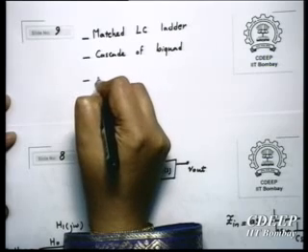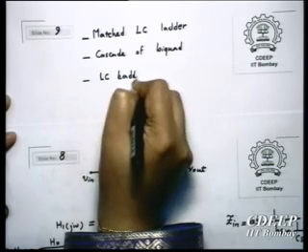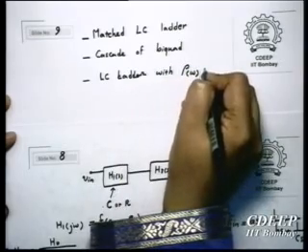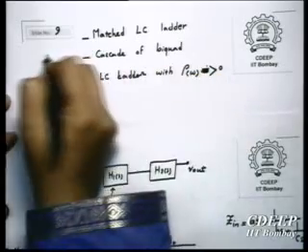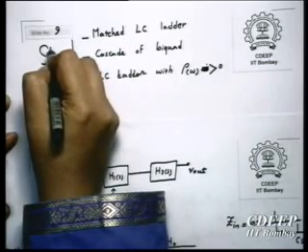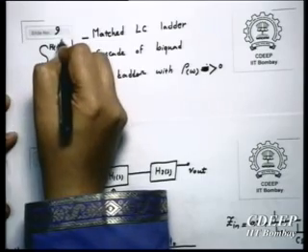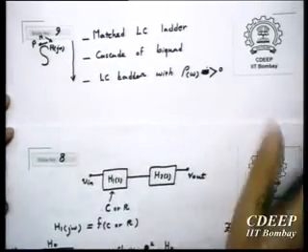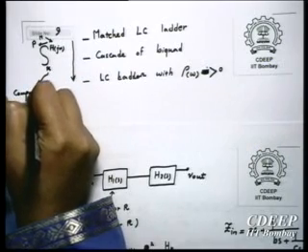And third will be LC ladder with ... So this is in order of sensitivity of H of omega, either magnitude or phase, with respect to x, and x is any component value in the filter.